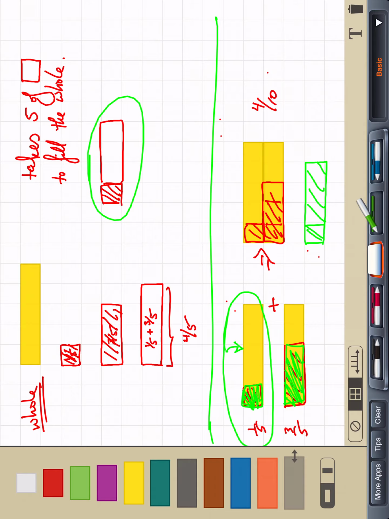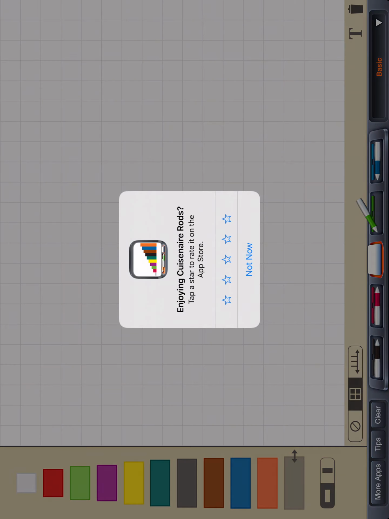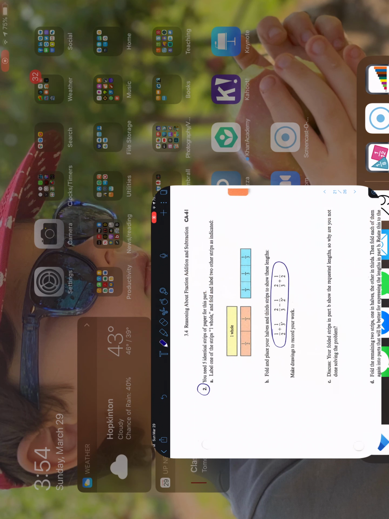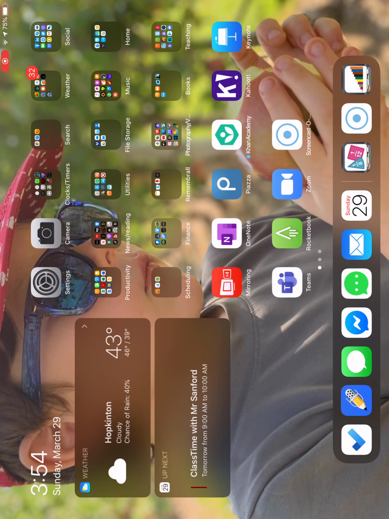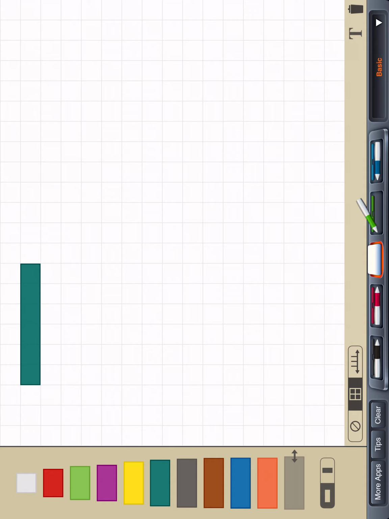I'm going to clear this. There we go. So we had 1/2 plus a third. I'm going to take this as the whole, and these are as halves, and these are as thirds. That looks very similar to what we were looking at.